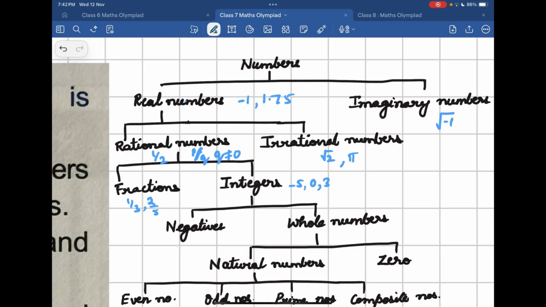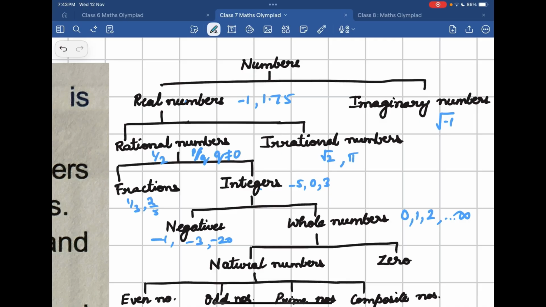The fractions can be represented as the ratio of two integers. Now these integers can be divided into negatives and whole numbers. The whole numbers are not negative, they are positive. It starts from 0 and goes on to any number till infinity. Whereas negatives are -1, -3, -20, any number which is negative.